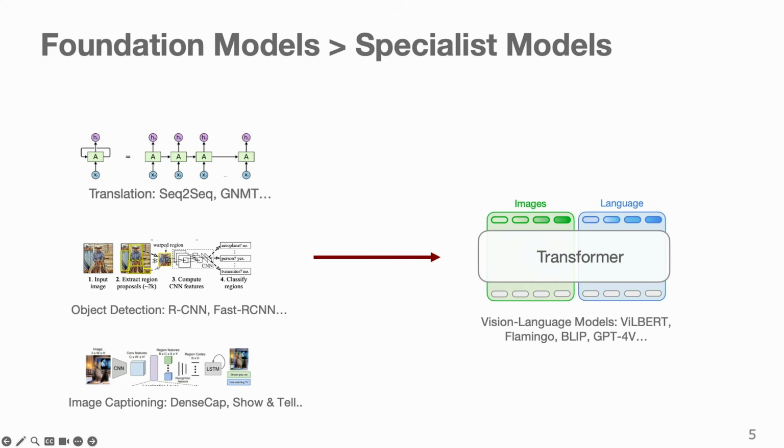This is the paradigm shift that we have seen, where large models trained on diverse data sets will typically surpass more specialist models that we were developing in past years for different tasks like object detection, language translation, image captioning, and so forth, right? And so these are these foundation models like VLMs nowadays. And in robot learning, we would like to see the same benefits and behaviors for robotics too, right?